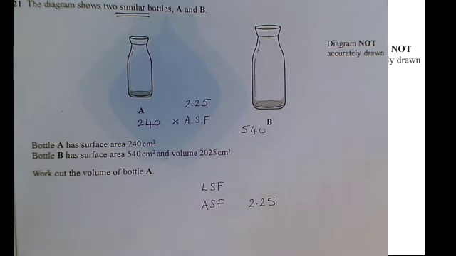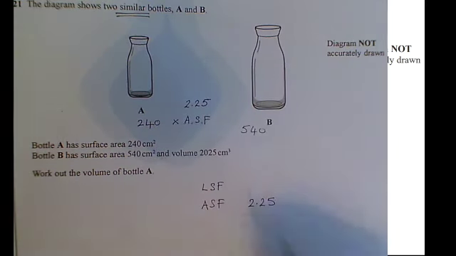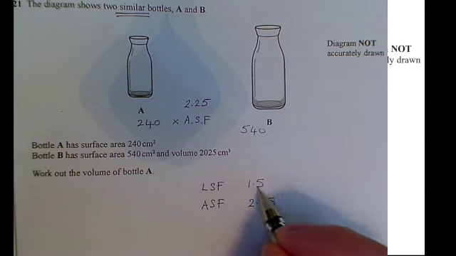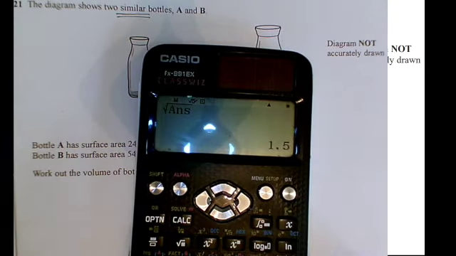Okay, now line scale factors, what are they exactly? Well, they're the square root of the area scale factor, and it's the cube root of the volume scale factor. So once you've got one, you can find all of them. Okay, so that cubed is 3.375.